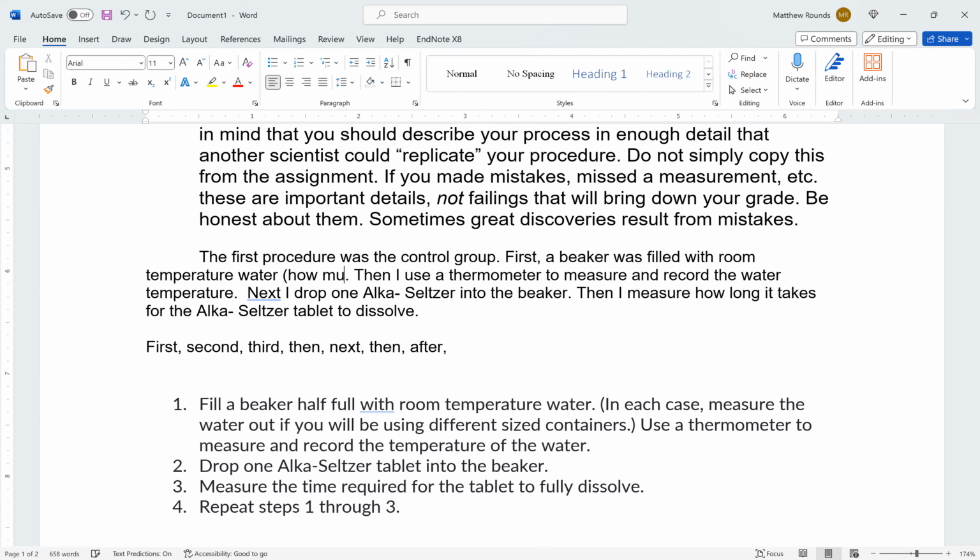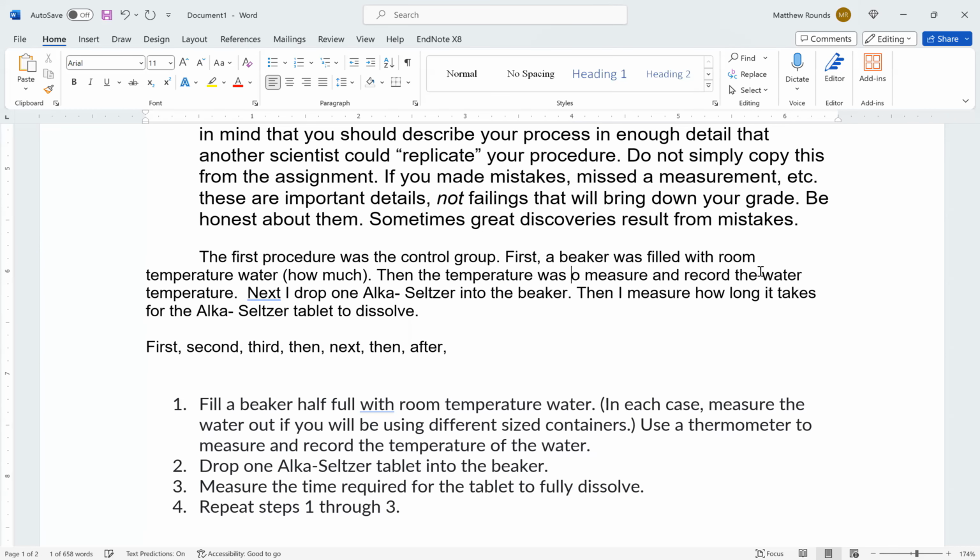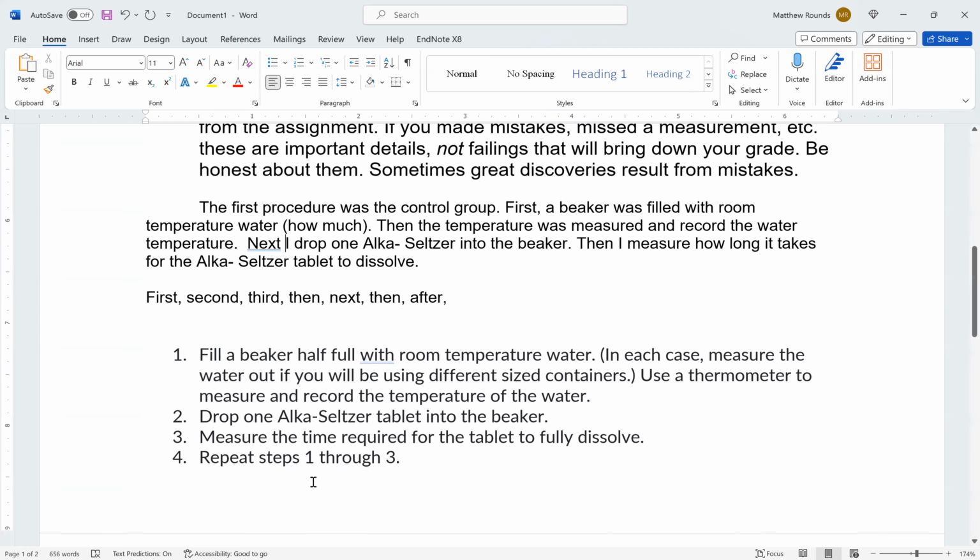We'll get to that, and you can't use first person. Then the temperature was measured. Next, and so on. So we'll fix this here in the next hour, and then we'll talk about how to repeat here.